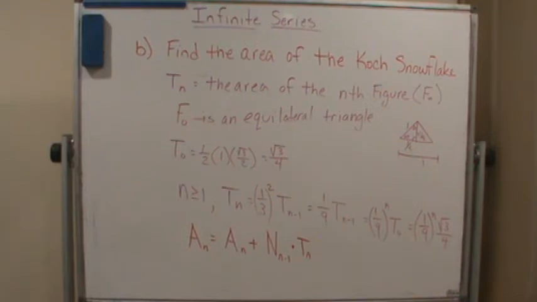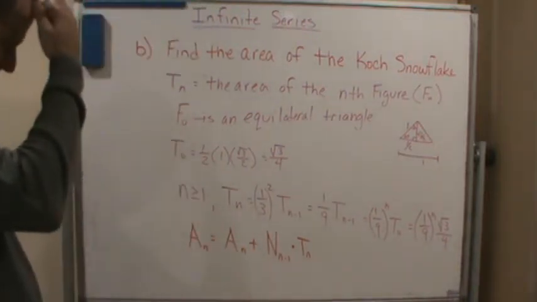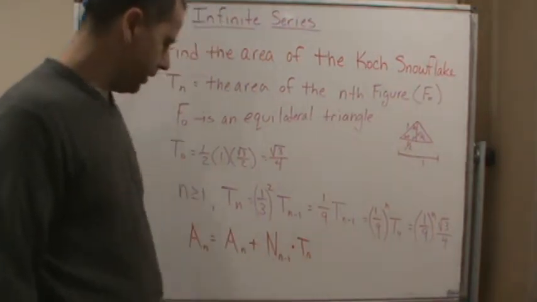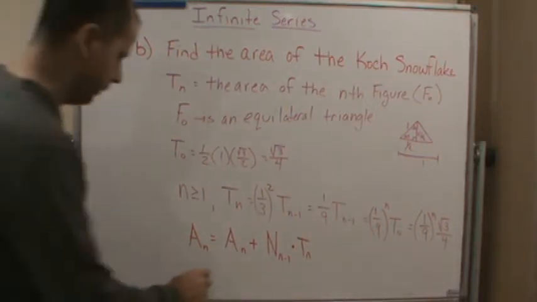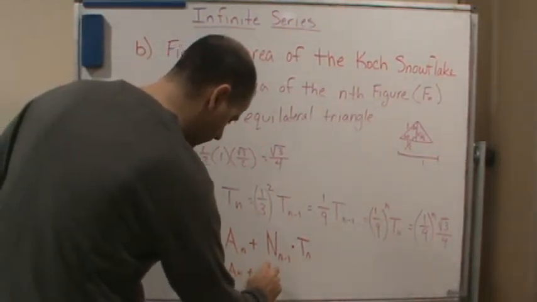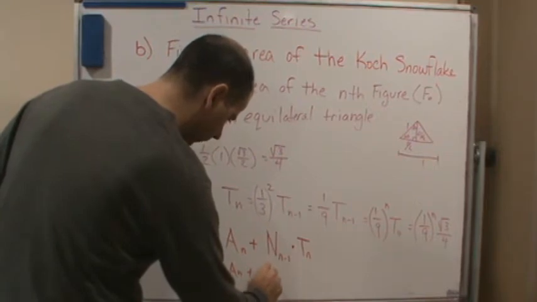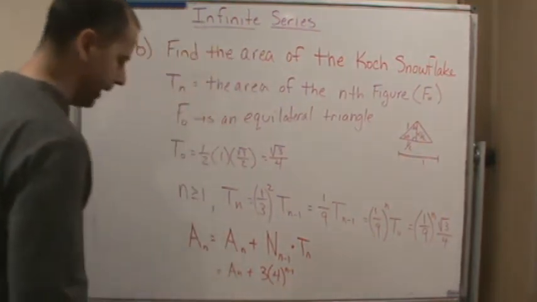Right? Okay, now, we already know the formula for the number of sides, right? And we know this formula for T sub n. So let's plug those in. Okay, so in this case the number of sides is going to be equal to a sub n plus, this is going to be 3 times 4 to the n minus 1 power.